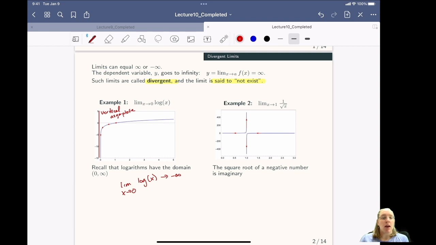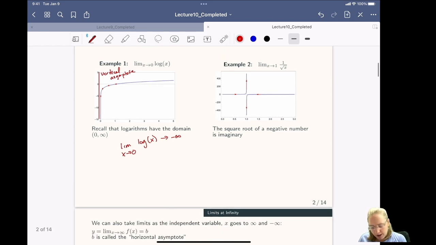All right. An alternative example of this is the function 1 over the square root of x as we approach the value of 1. And now this has a different left and right limit. As we approach it from the left, it diverges to positive infinity. As we approach it from the right, it diverges to negative infinity. And the result is a vertical asymptote at x equals 1.